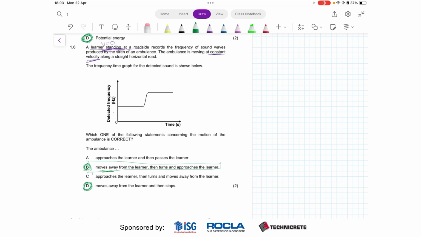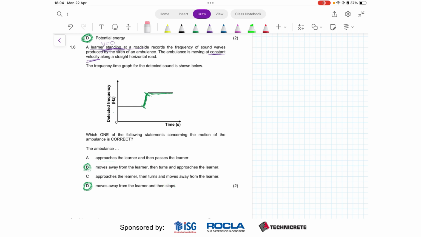If the ambulance then stops, there's going to be a change in frequency, which is what we see right here. Now after stopping, the ambulance doesn't move anymore, which explains why the graph then becomes constant, because the frequency that is observed by this learner is then constant because the ambulance is no longer moving towards or away from him or her.